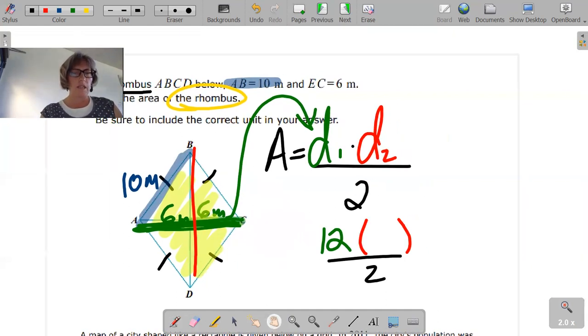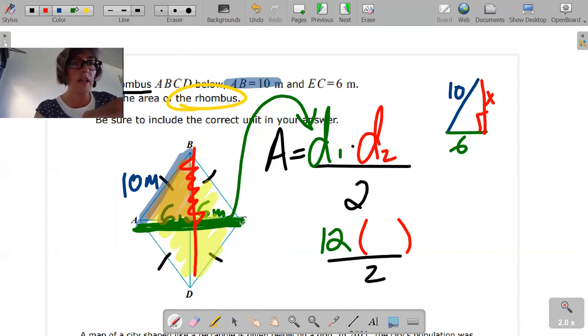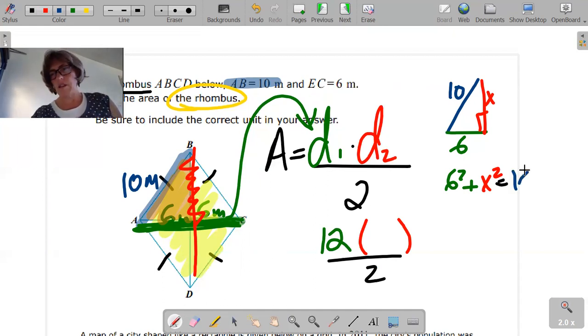So we're going to take this triangle, which is a right triangle, we're going to bring it over here. Call that X, squiggle. Have two sides, need third side, Pythag. So it's going to be 6 squared, plus X squared equals 10 squared.